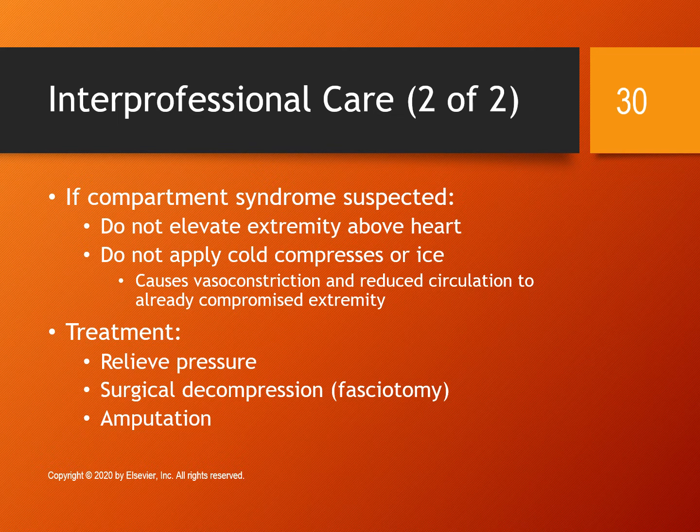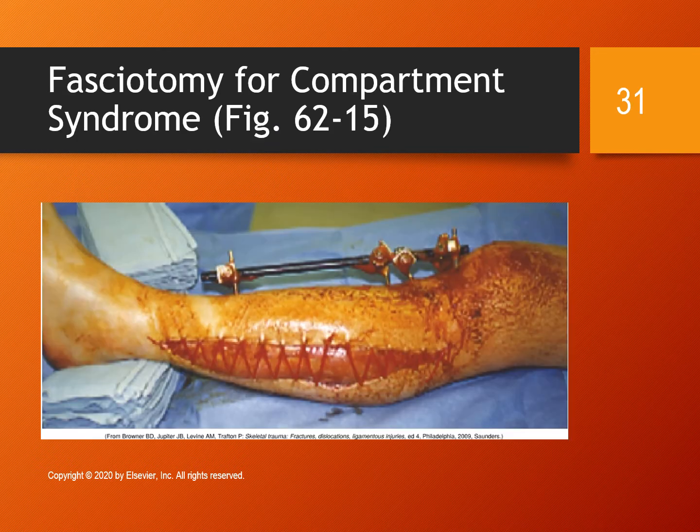The only treatment is to relieve the pressure for compartment syndrome, and this usually involves surgical decompression. Late stage, it might progress to amputation. So here you can see there's an extremity that suffered from compartment syndrome and had to go in and have a surgical decompression to allow for tissue expansion to relieve the pressure.